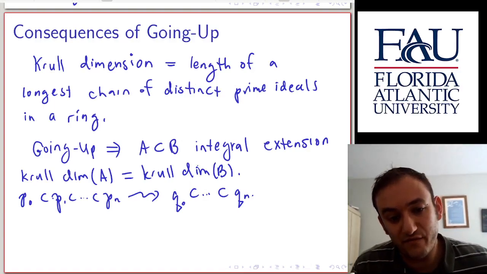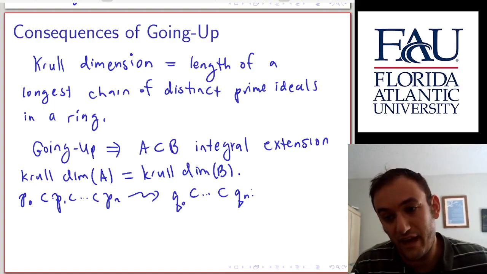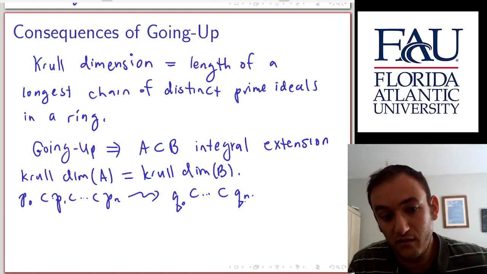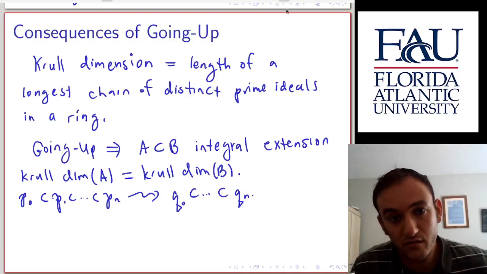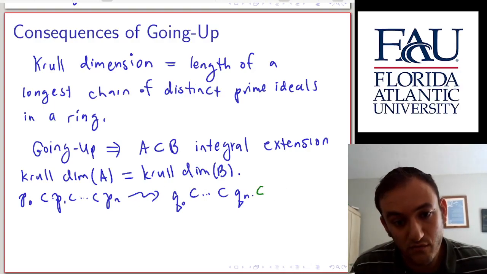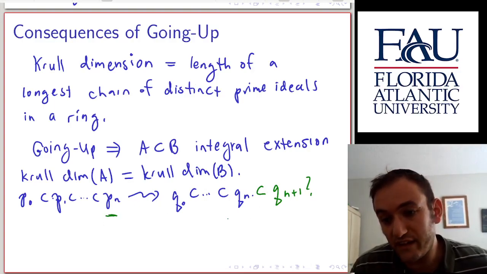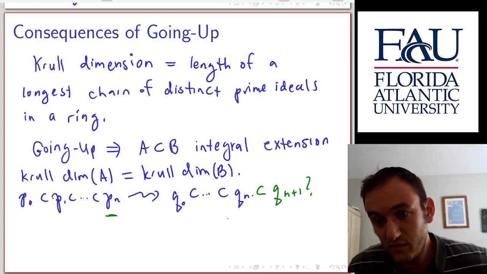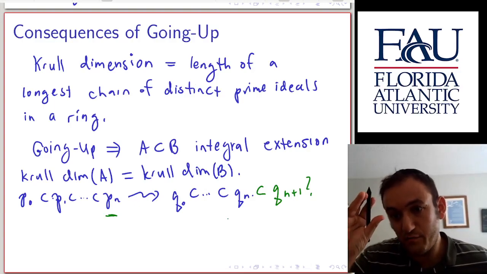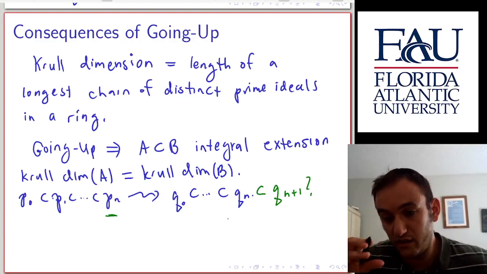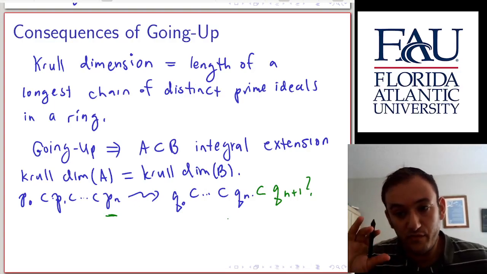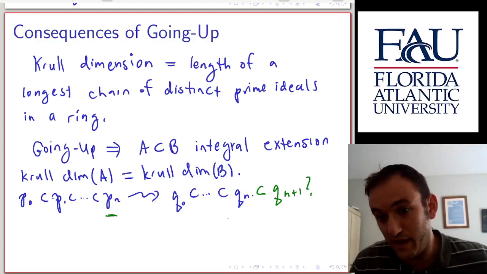Well, if we were to have a longer chain here, so let's say we had Qn and then Qn plus 1, then that would contradict what we know: if you have a prime ideal in the top ring intersecting the bottom ring in another prime ideal, then one is maximal if and only if the other one is maximal.